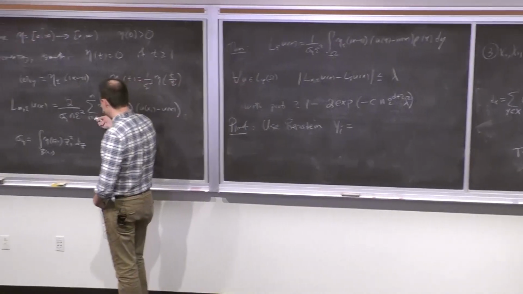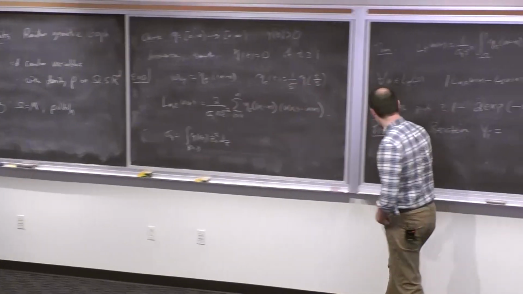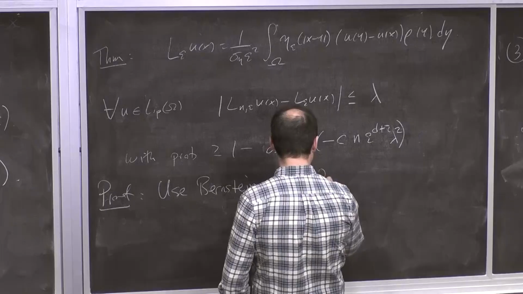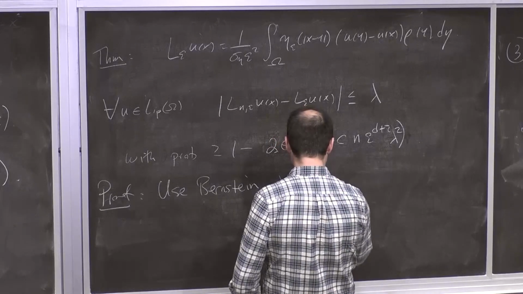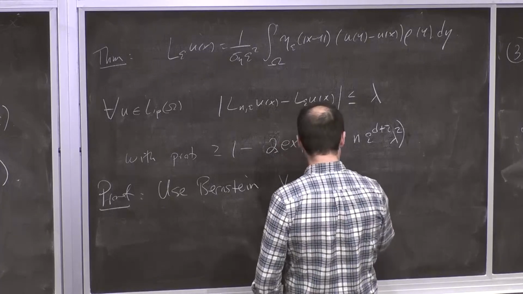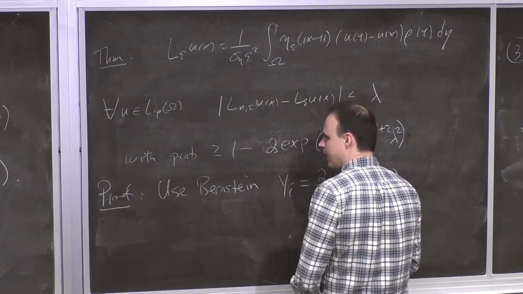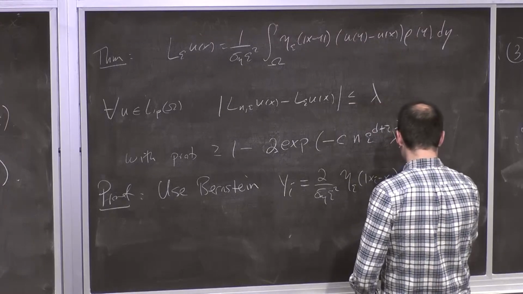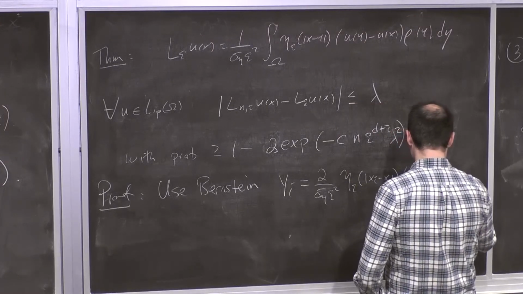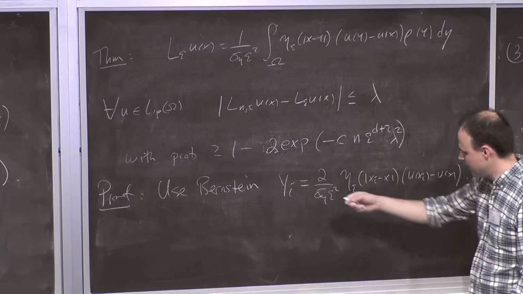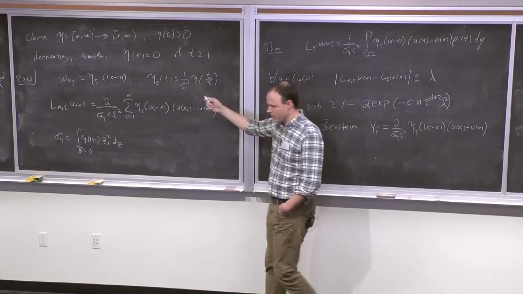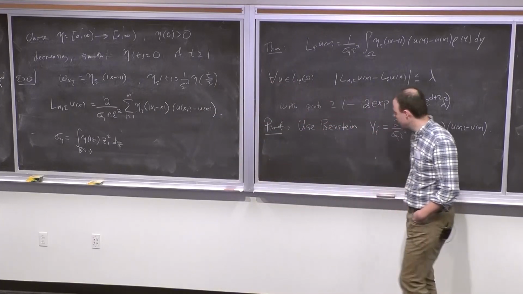It's just everything inside the sum except for the 1 over n. So it's 2 over sigma eta epsilon squared, eta epsilon, and u si minus u of x. So I have these random variables, and the thing I'm looking at here is just 1 over n times the sum of these things. Okay?